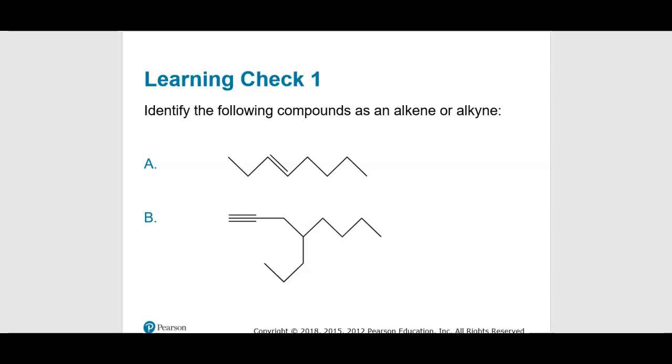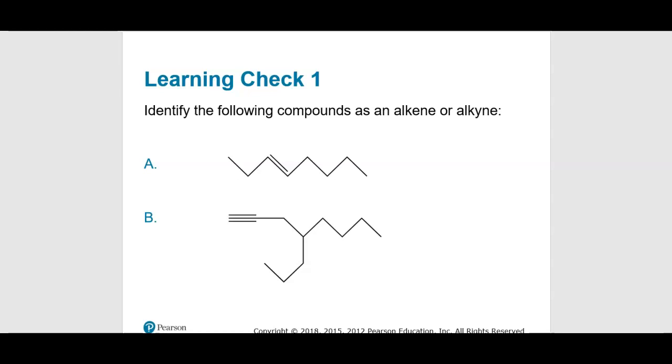A is an alkene, and you will be able to discern for yourself that the name of that one would be 3-octene, and the other one would be 4-propyl-1-octyne. We'll talk about this.